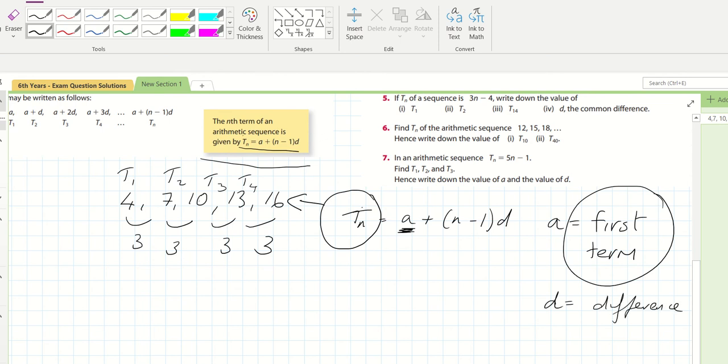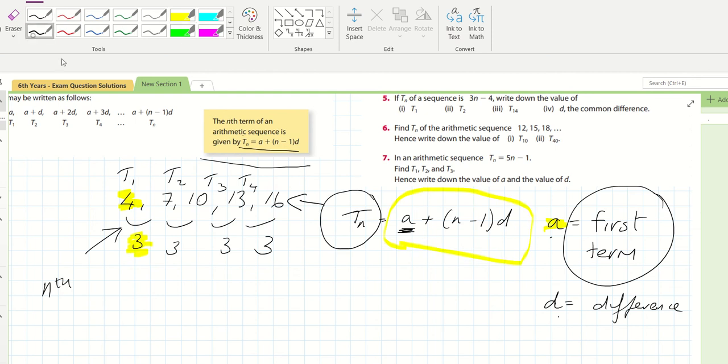So if you were asked to find the nth term of this sequence up here, you find what A is, you find what D is, and you put it into this formula here. So you find A, which is 4. D is the difference, and we're just going to put that into our formula.